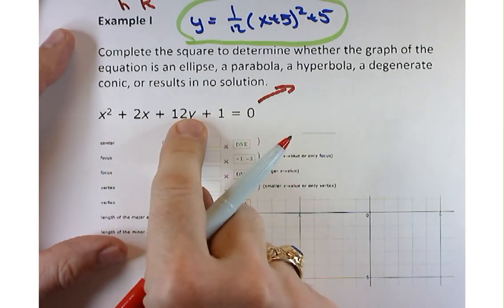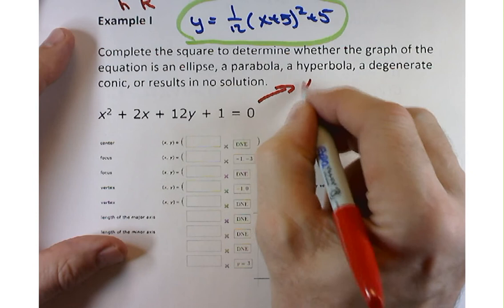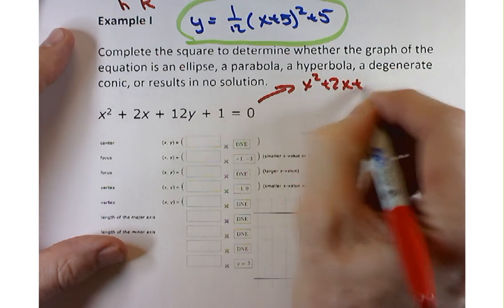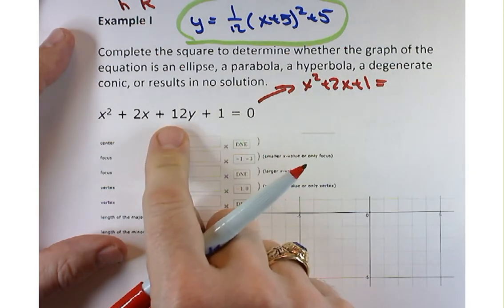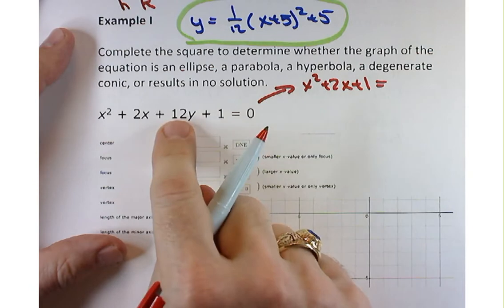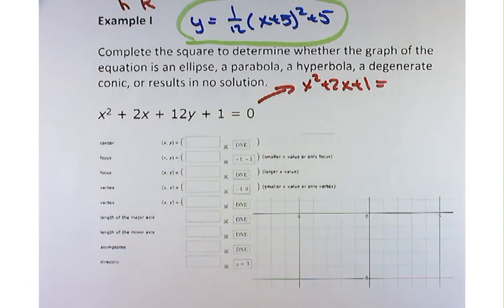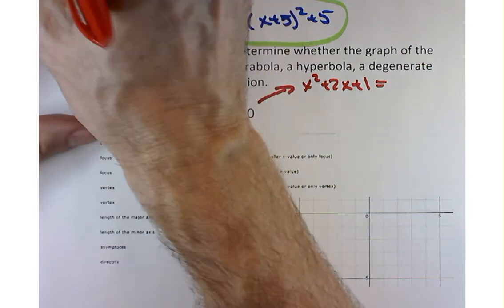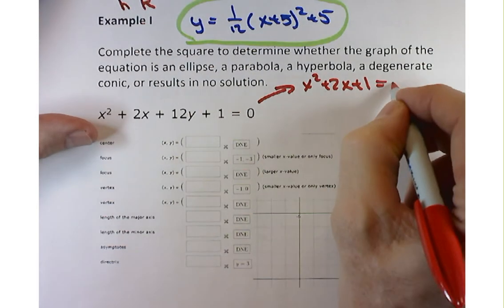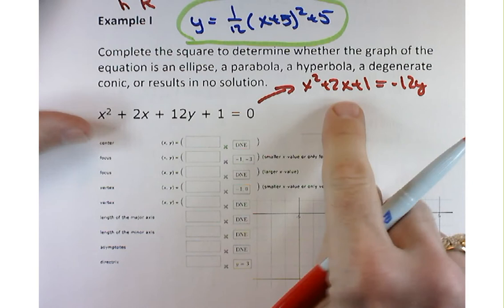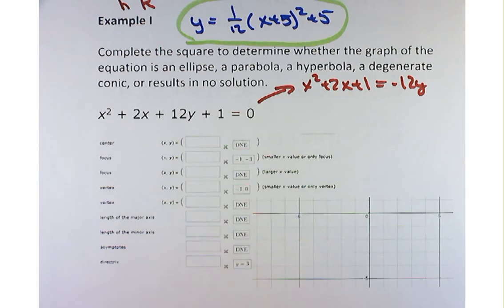I'd move the 12y to the other side, and that gives me x squared plus 2x plus 1 on the left-hand side. And when I move this to the other side, what else changes? The sign. Changes sides, changes signs. So that's going to be negative 12y. And I just gave you a hint about the left-hand side.